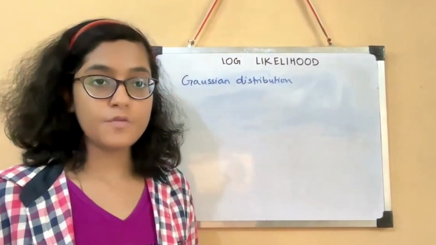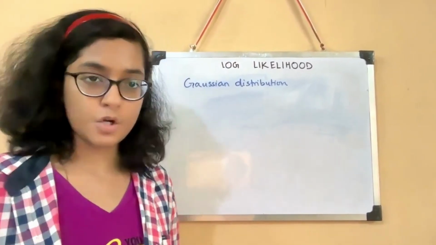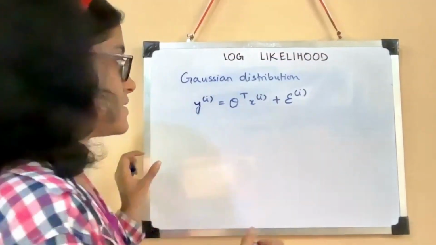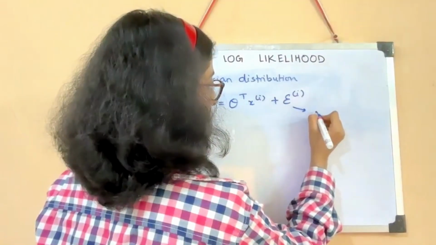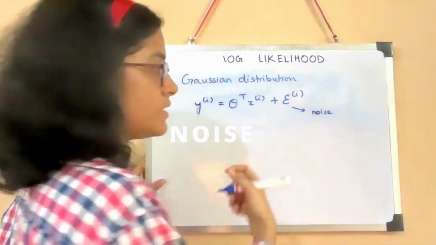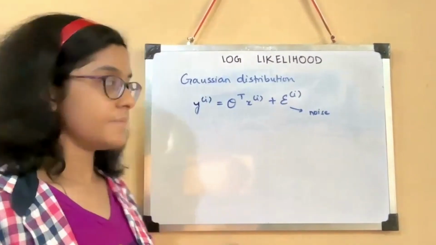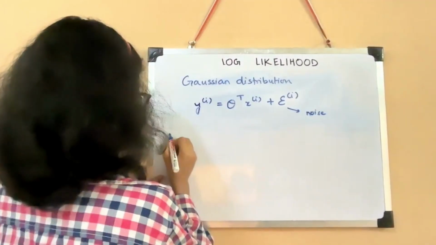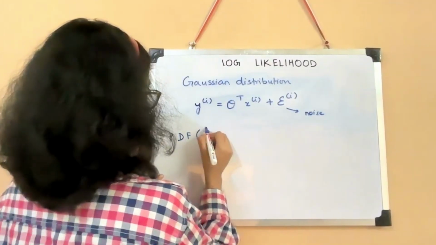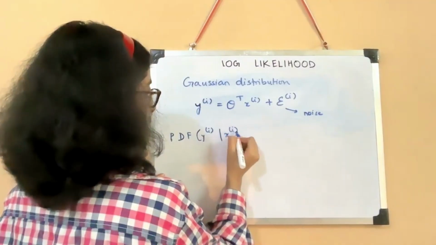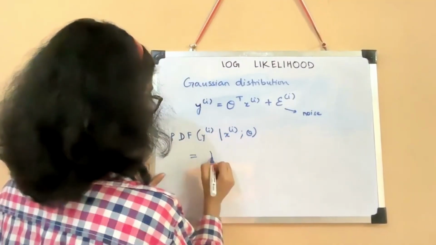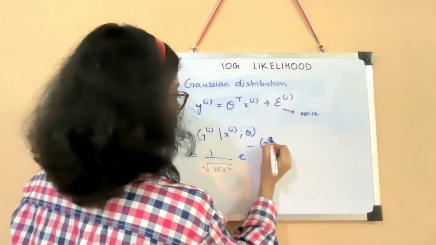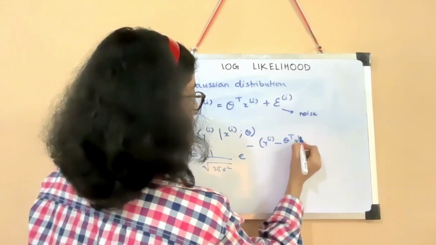What we'll do now is try to model the noise in the form of this Gaussian distribution. If you remember, just now I wrote a formula, this one, and this is the noise. So we want the noise to be generated by Gaussian distribution. So what would that look like? That would be like beta transpose xi.